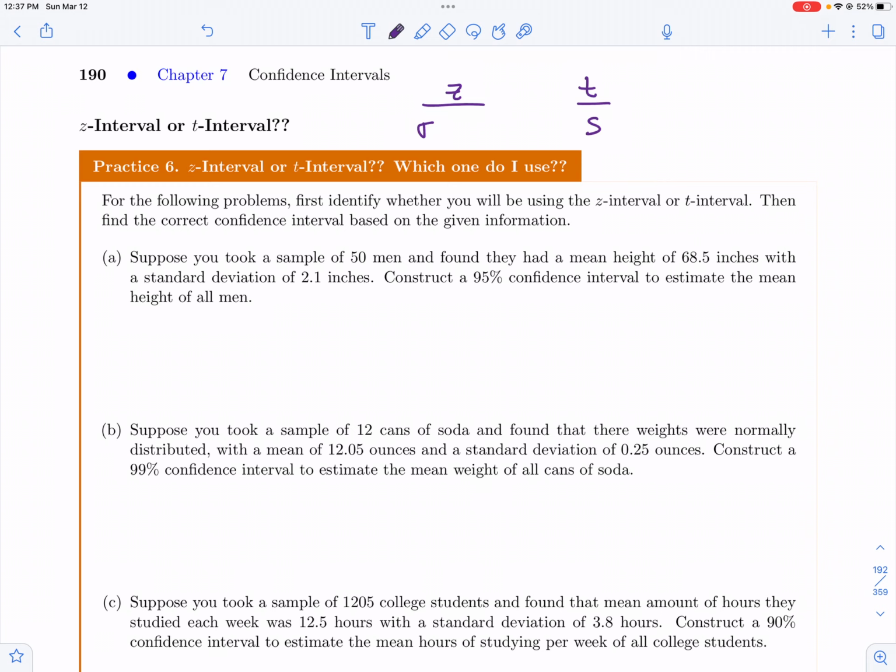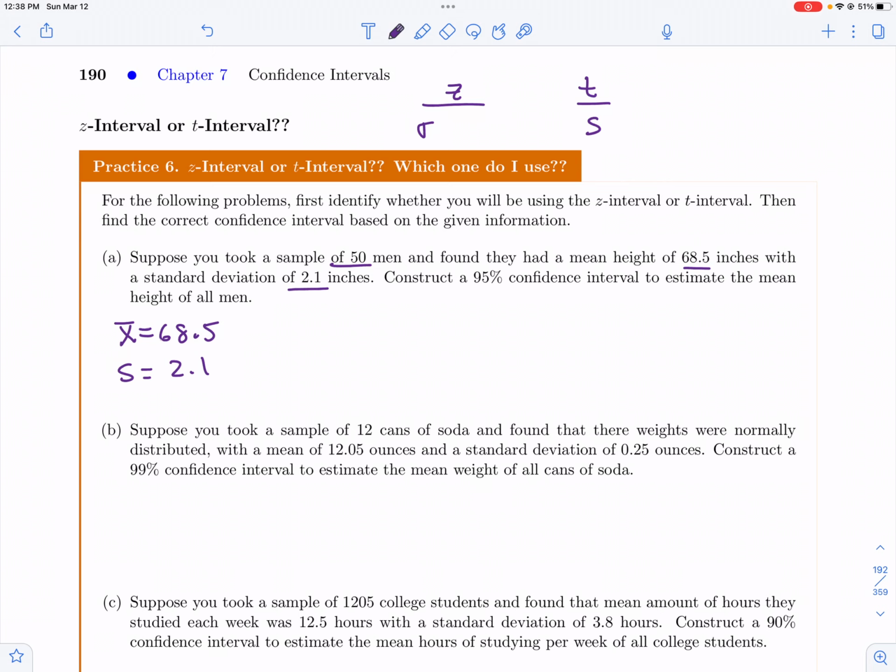When we see something like example A, suppose you took a sample of 50 men and found that they had a mean height of 68.5 inches with a standard deviation of 2.1 inches. When they word it like that, a sample of 50 men followed by the mean and the standard deviation, that means the 68.5 is our sample mean, but the standard deviation that was found is also part of the sample.